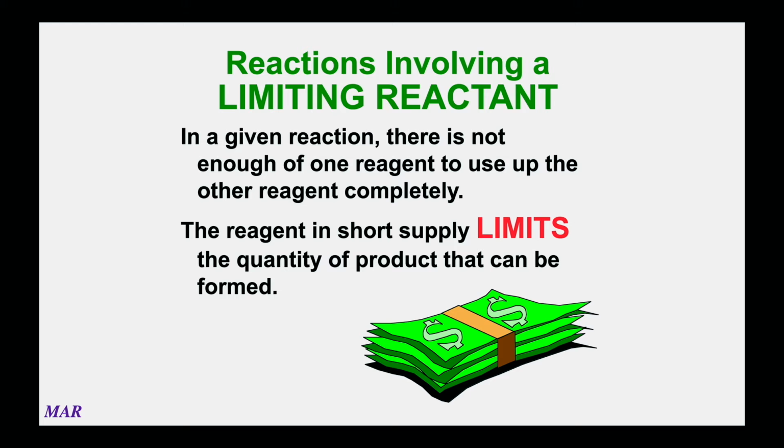So in that case, water would be the limiting reactant, limiting reagent. On the other hand, if you had the same 20 thirsty students and 50 bottles of water, now you have fewer thirsty students than you have water. So the thirsty students would be the limiting reactant, limiting reagent in those situations.